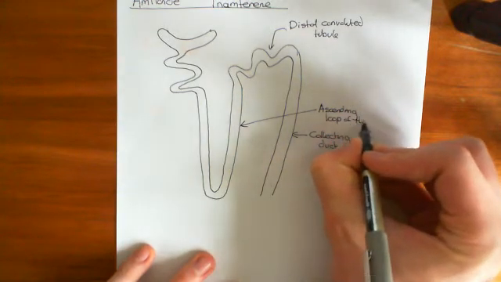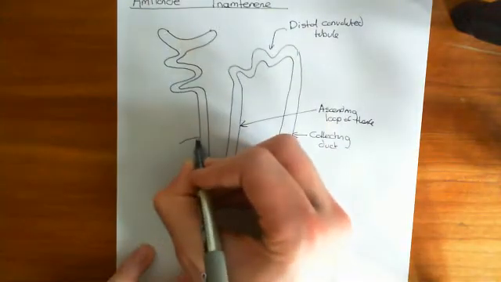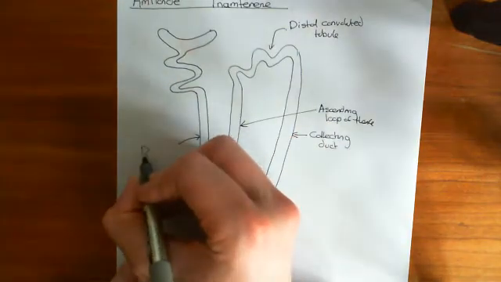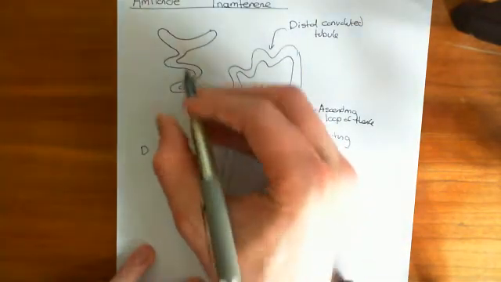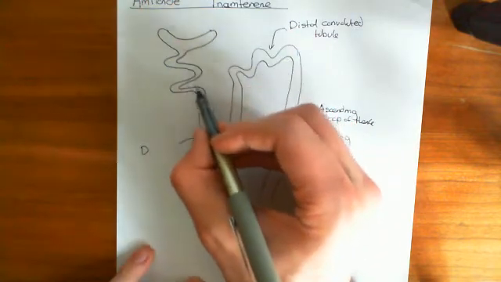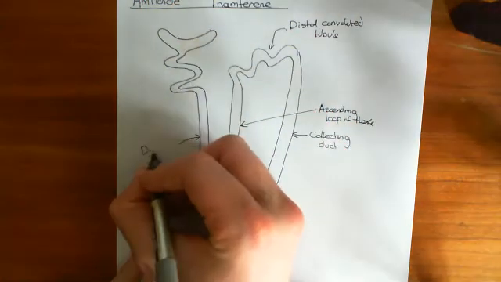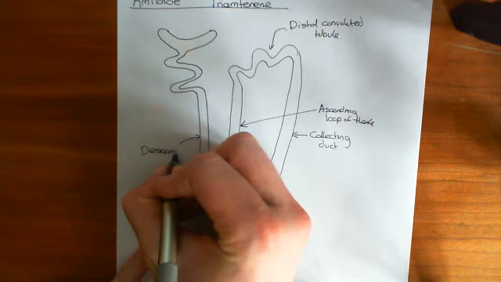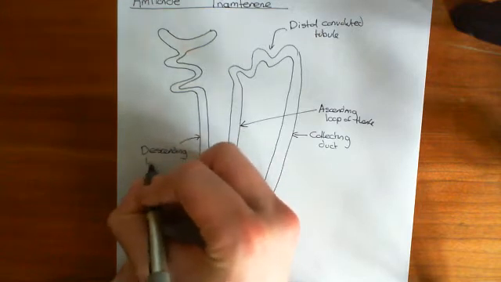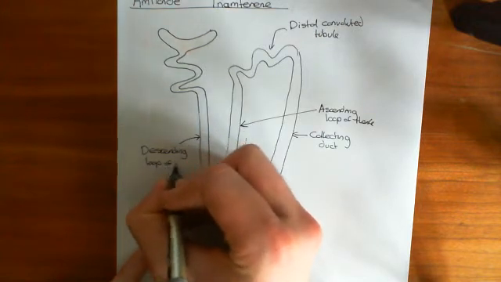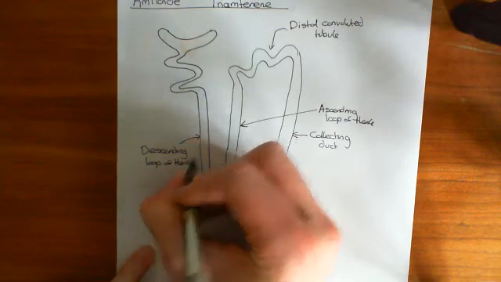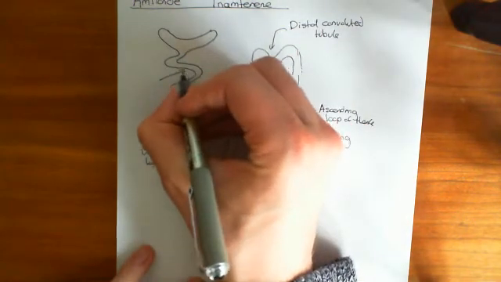And this on the other side is the descending loop of Henle, because obviously at this point the filtrate will be moving this way and it will be descending, so that's the descending loop of Henle. And then finally we have the proximal convoluted tubule over here.